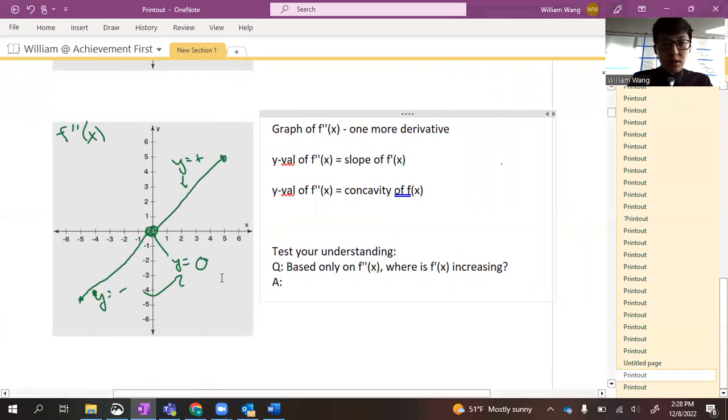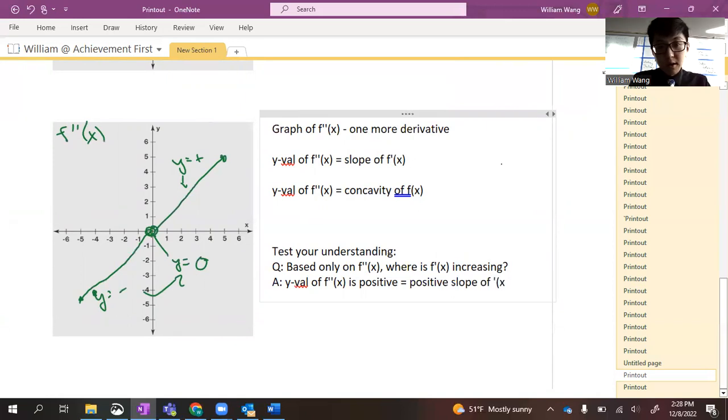When the y value of f double prime of x is positive, that means the slope of f prime of x is positive, which means it's increasing.